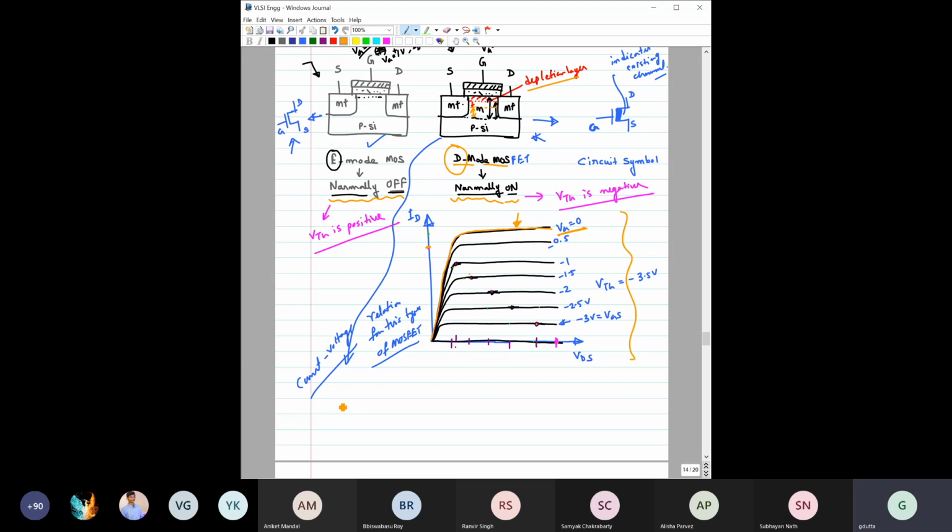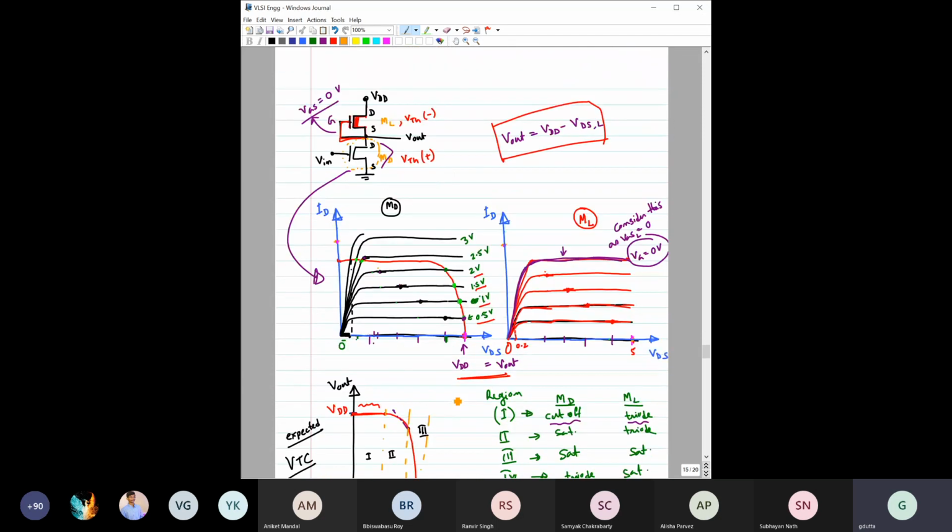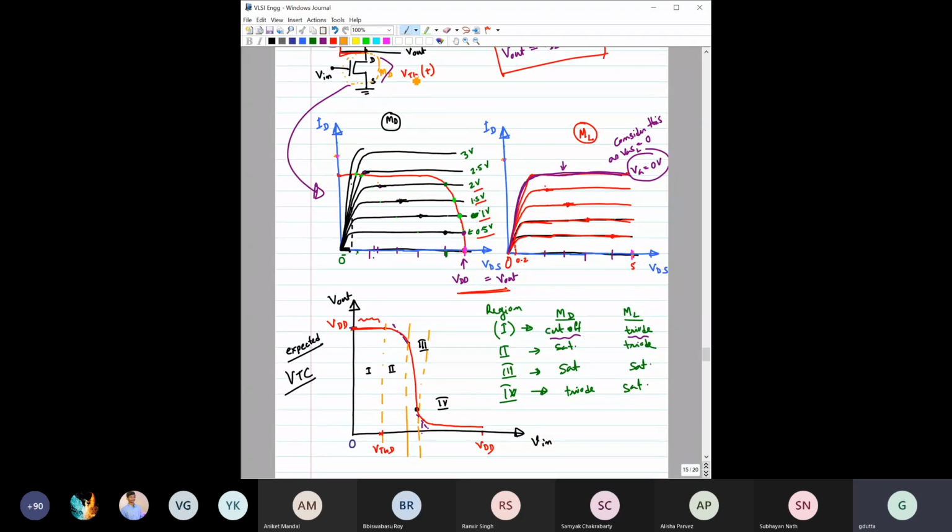So it would be similar to that of the E mode transistor.